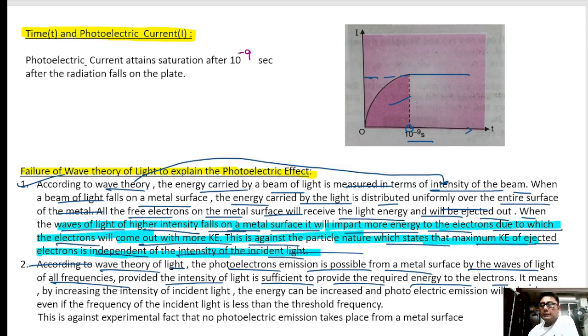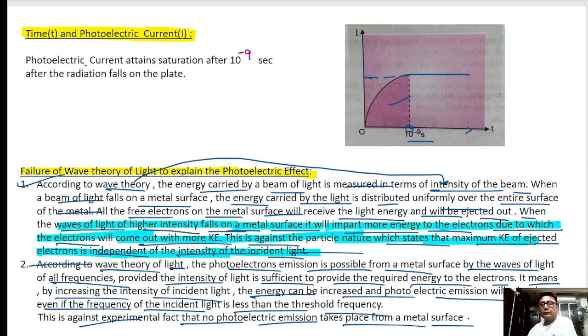It means by increasing the intensity of light, the energy can be increased and photoelectric emission will take place even if the frequency of the incident light is less than the threshold frequency, which is not possible. So this is against the experimental fact that no photoelectric emission takes place from a metal surface when the frequency is below the work function of the metal.